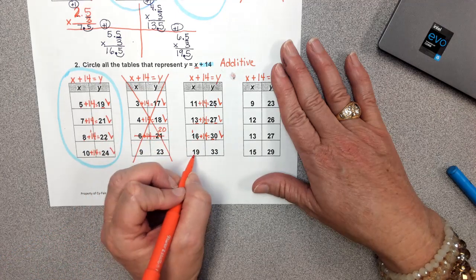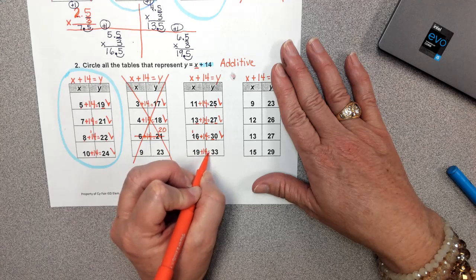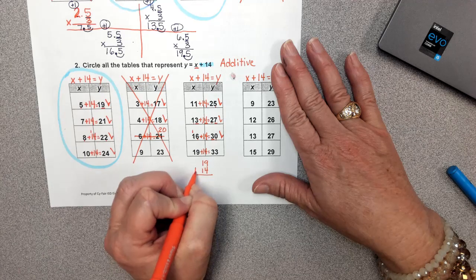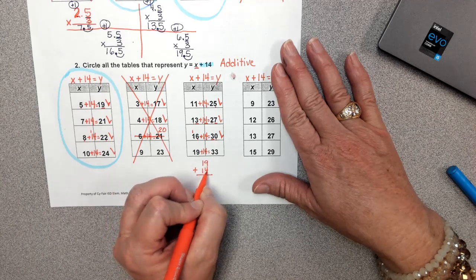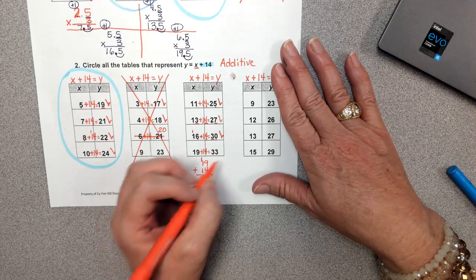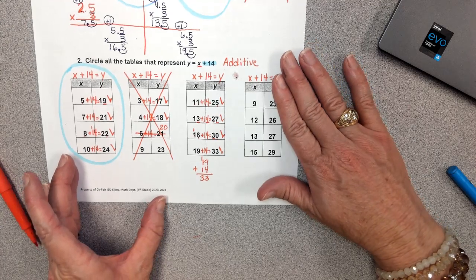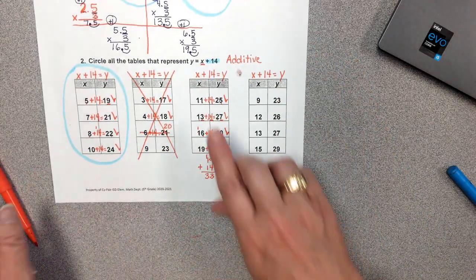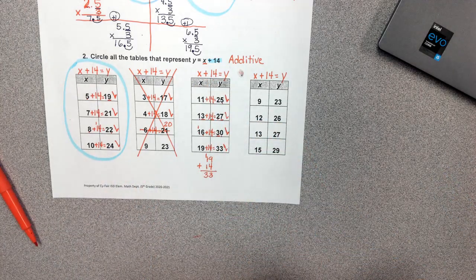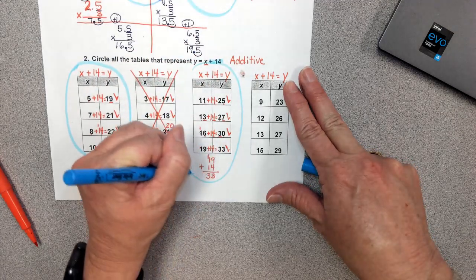And finally, if I'm at the number 19, and I add 14 to that, I might even need to stack it, and that is completely okay. 9 plus 4 is 13, and 1, 2, 3 is 33, and this does work. So here we found another table that actually follows the rule. When we take our x value, we add 14, we are getting that y value. So I'm going to take my highlighter and I'm going to circle this table.